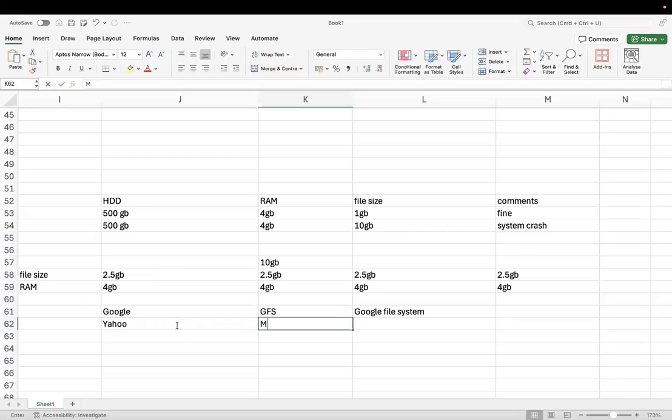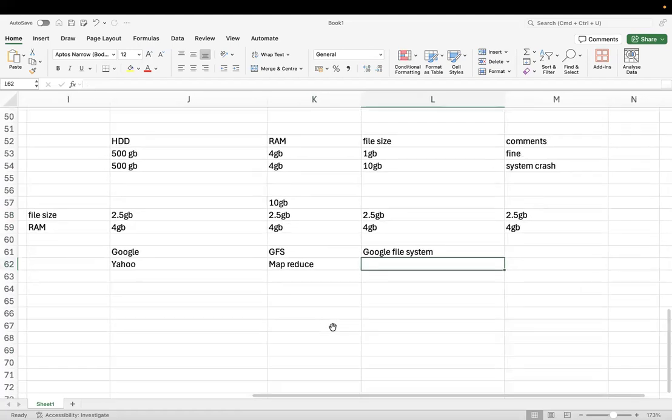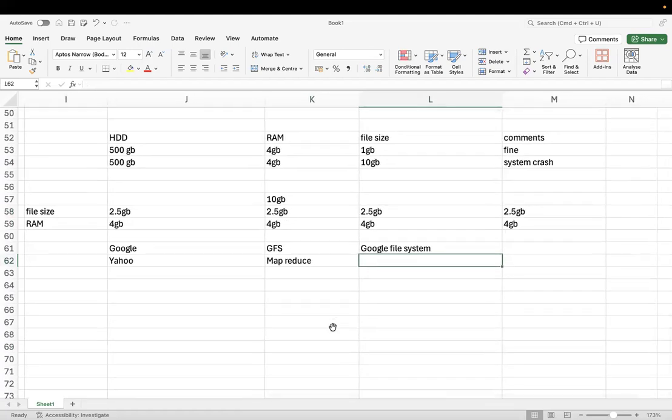Then Yahoo came up with something called MapReduce. What they said is, you are accessing it in a distributed manner, that's fine, but how are we going to merge it when we need a 10 GB file as the output? We cannot work on pieces of data multiple times. So they came up with MapReduce. MapReduce is two terms, Map and Reduce.